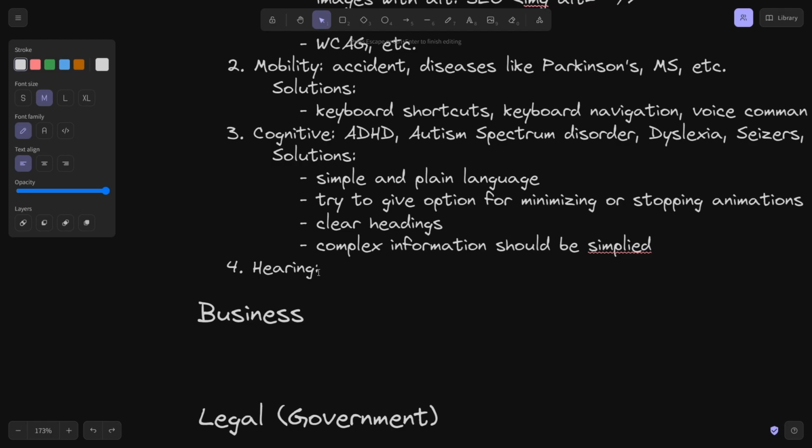Okay, so basically all the copy editing should be as simple and straightforward yet effective as possible. The fourth category of issues in which individuals fall when it comes to accessibility problems is the hearing category, where we have people who are deaf, partially deaf, or have partial hearing loss, etc. If you have watched the anime movie, or read the manga, I think the name was A Silent Voice. It's a great movie.